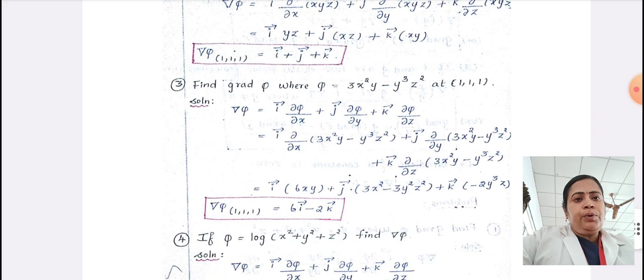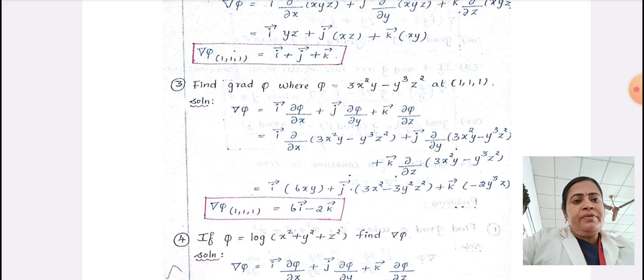Similarly, we can do the third problem. So the third problem is find grad phi where phi equals 3x²y minus y³z² at (1, 1, 1). So write down the formula for del phi, which is equal to i vector into ∂φ/∂x plus j vector into ∂φ/∂y plus k vector into ∂φ/∂z, and replace phi by 3x²y minus y³z².